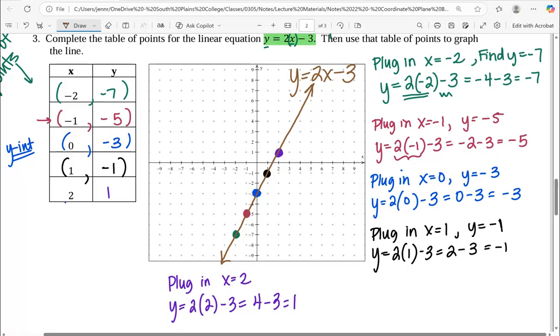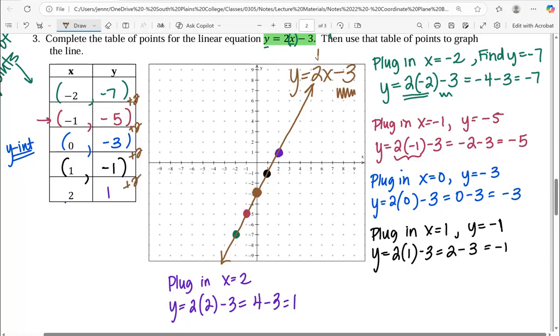What you might also notice is that I ended up at -3 on the y-axis. That's not a coincidence, considering I subtracted 3 in my equation. You might also notice that I'm adding 2, adding 2, adding 2, adding 2 as I go to that y coordinate.